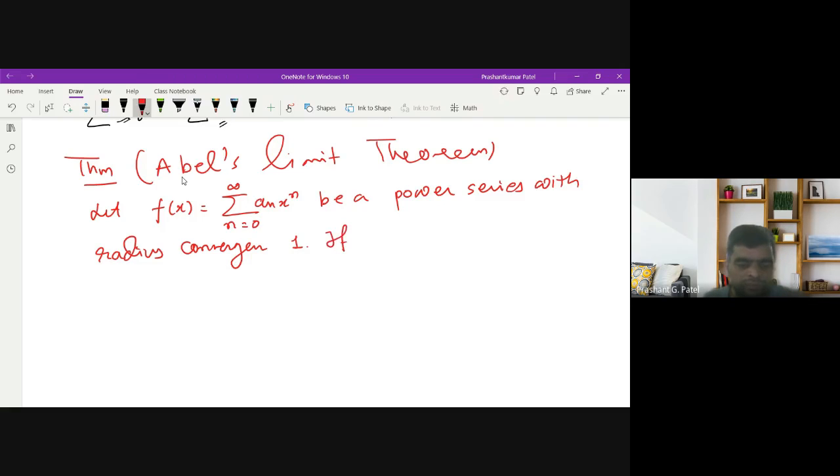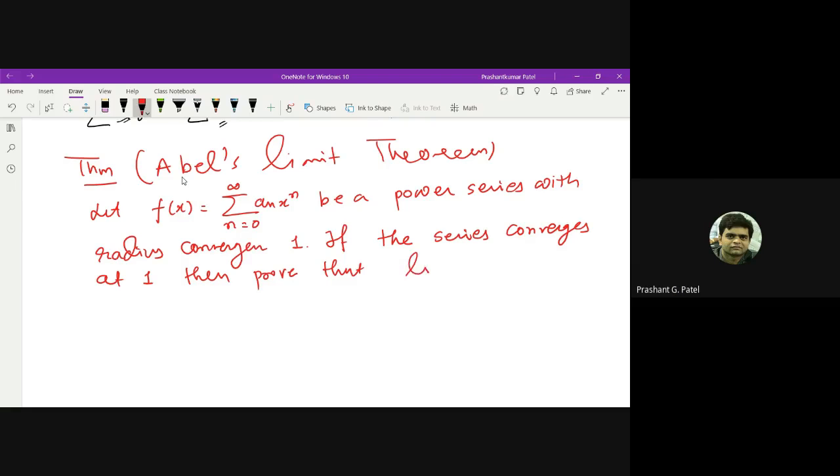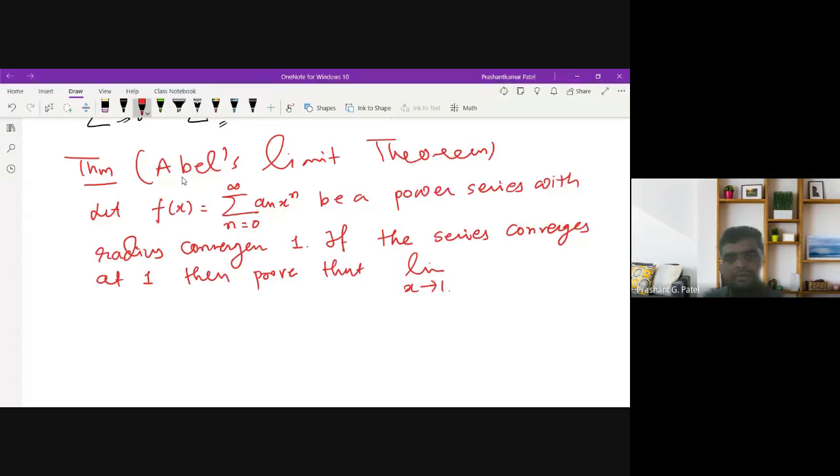And if the series converges at 1, that means x is equal to 1, that means summation of an is convergent, then prove that the limit of x tends to 1 minus of f(x) is equal to f(1).